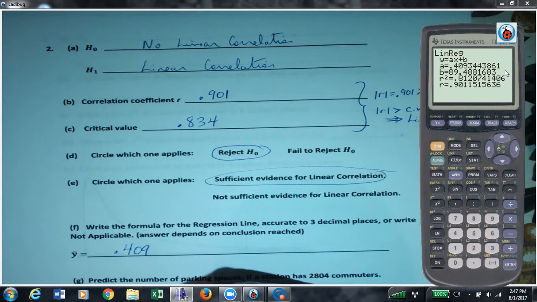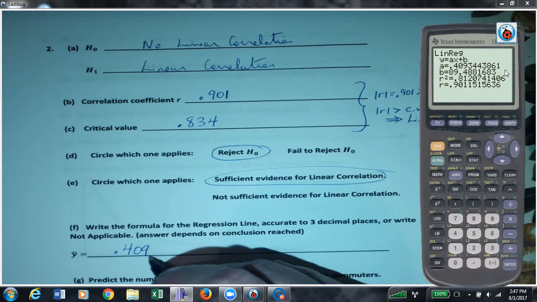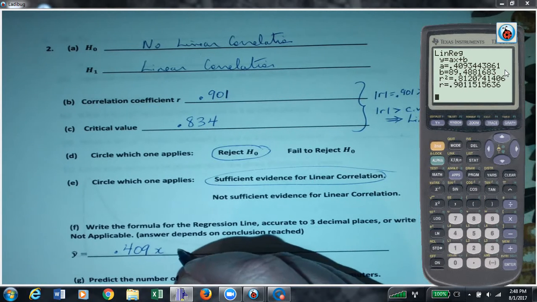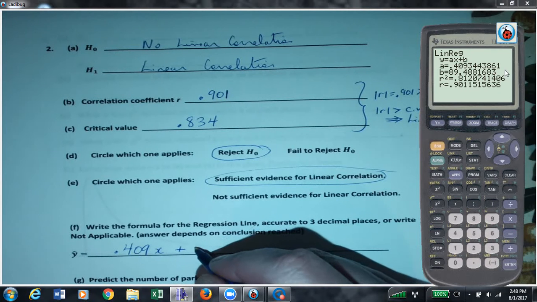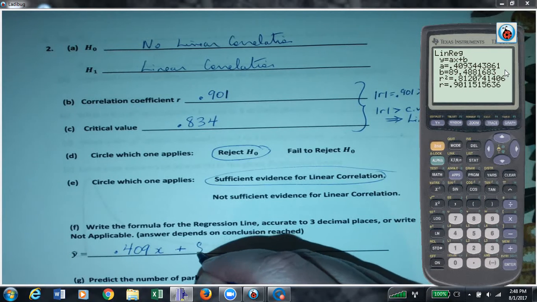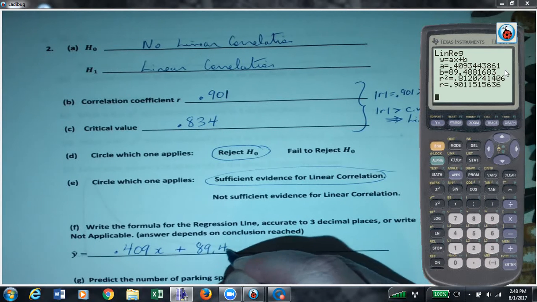So that's 0.409 times x plus B, which is 89.488.